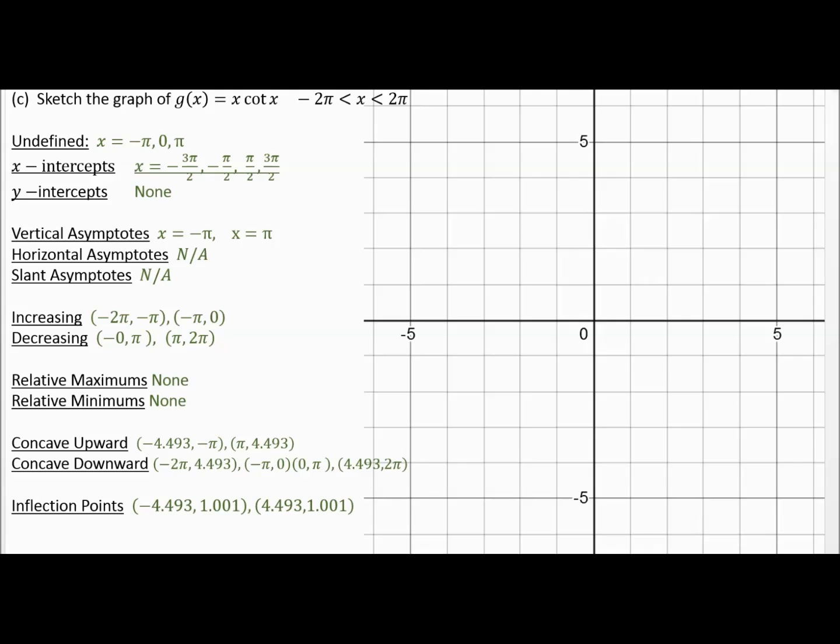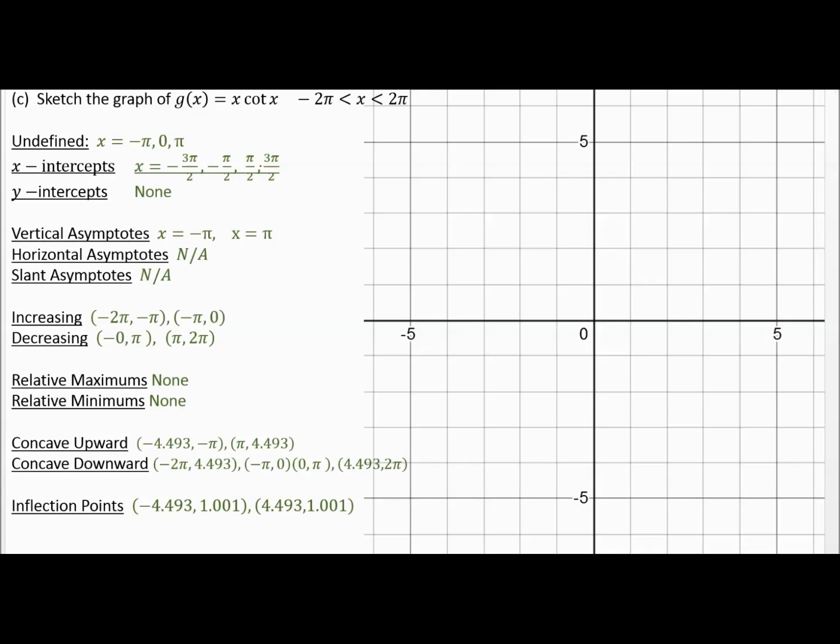Alright, so here I have, I think, everything summarized. It is a lot of information, but remember our original function was undefined at negative pi, 0, and pi. So we talked about that when we talked about domain. The x-intercepts, and why this is underlined, I don't know. It's some weird formatting thing. But anyway, we had x-intercepts at negative 3 pi over 2, negative pi over 2, pi over 2, and 3 pi over 2.